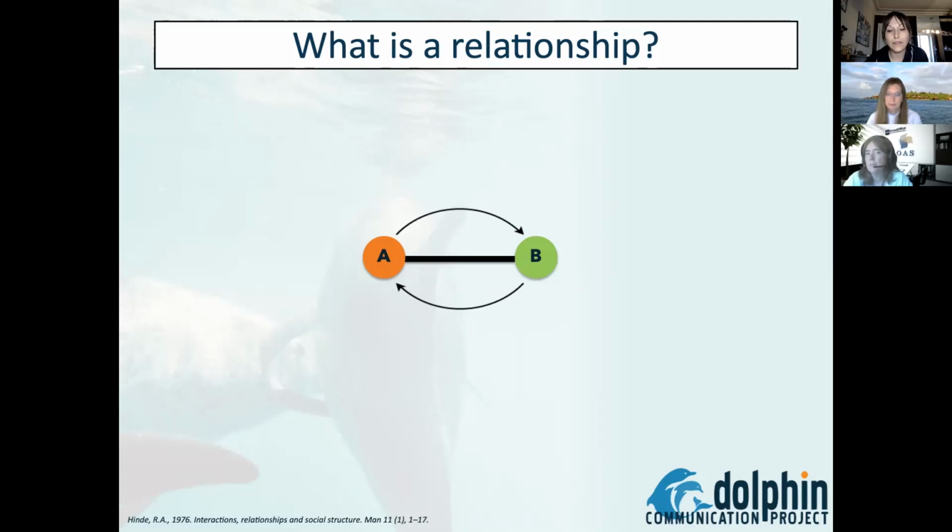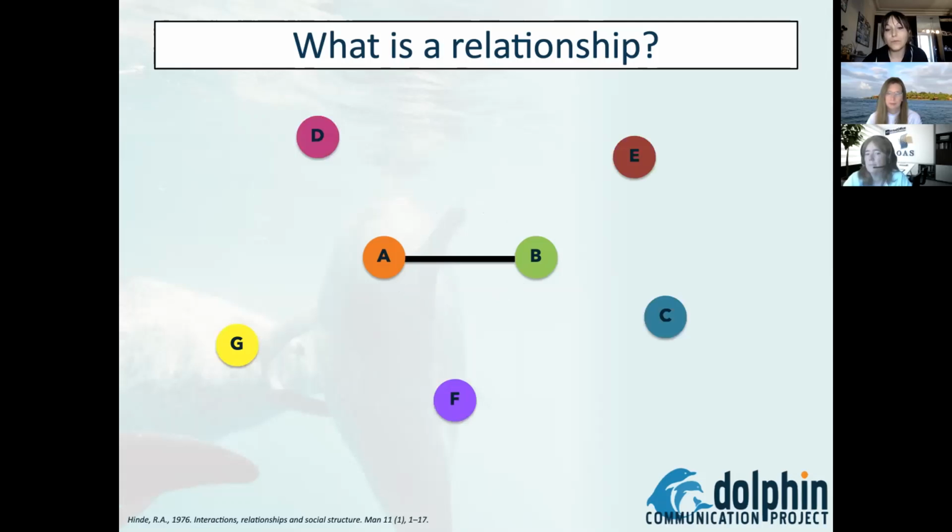Now, if we take a group living species, individuals will have a very high probability to interact with other individuals. And so if A and B are in a group, B can also interact with E and build a relationship, but E can also interact with C and again develop a relationship.